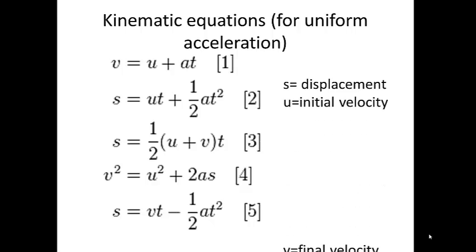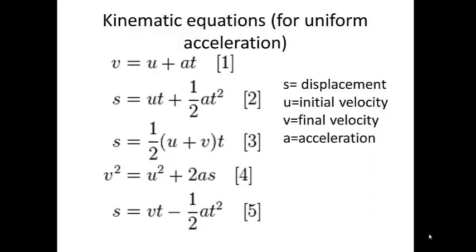U is the initial velocity, V is the final velocity, A is the acceleration which we are trying to find, and T is time. So, which one do we need to use to find the gravitational acceleration of the Earth?